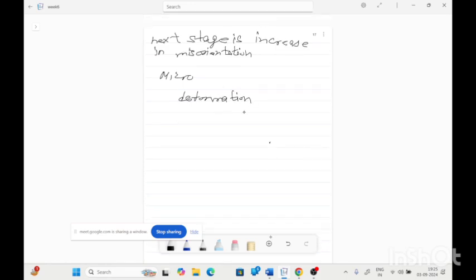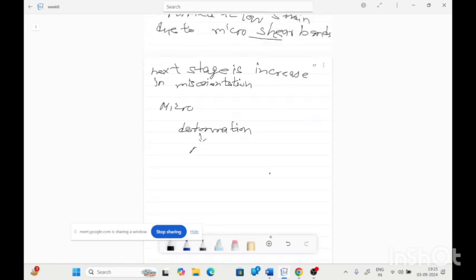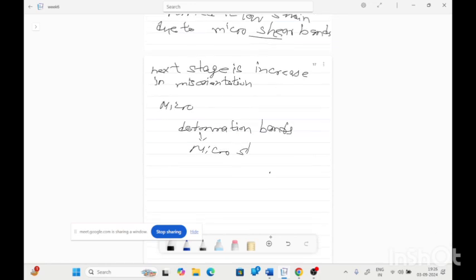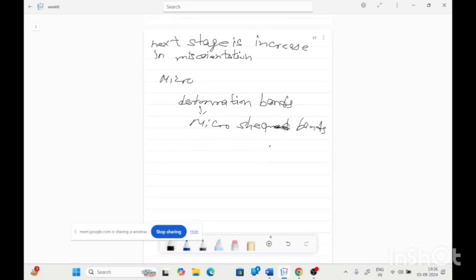So the micro shear bands are similar to deformation bands, meaning small regions formed near the boundaries. The micro shear bands lead to the formation of dislocation substructure.